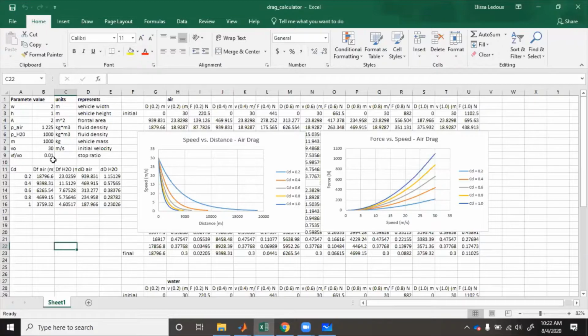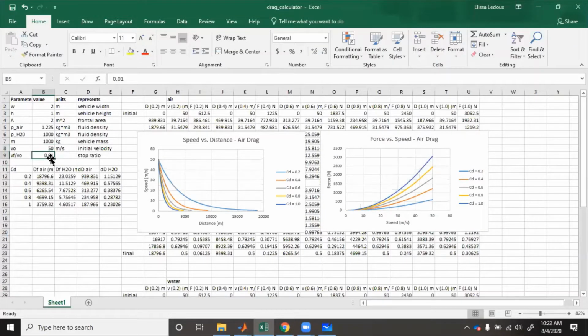You can change these numbers. So 30 meters per second, that's about 60 miles per hour. But let's say you were going 100 miles per hour. You can see the graphs look the same, but the numbers on the axes change. So we'll go back to 30.